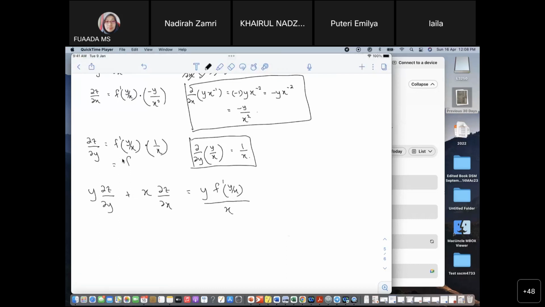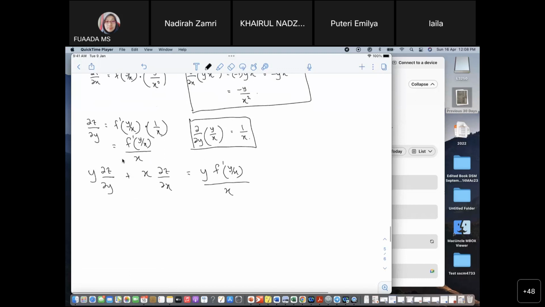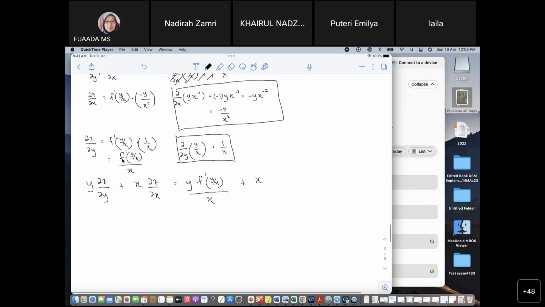So this is f prime of y over x divided by x. Plus x times f prime, we have negative y, plus no times. Okay, x times negative y f prime of y over x divided by x squared.